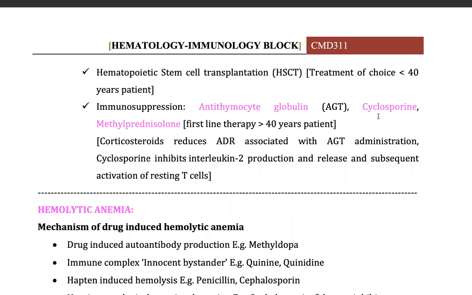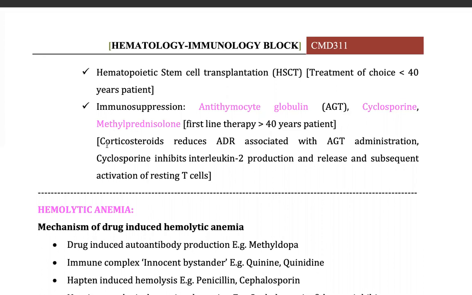Other drugs are cyclosporine and methylprednisolone. These are in purple color, and this purple color indicates that if you click on the drug, you will be directed to more reference reading for the specific drug.